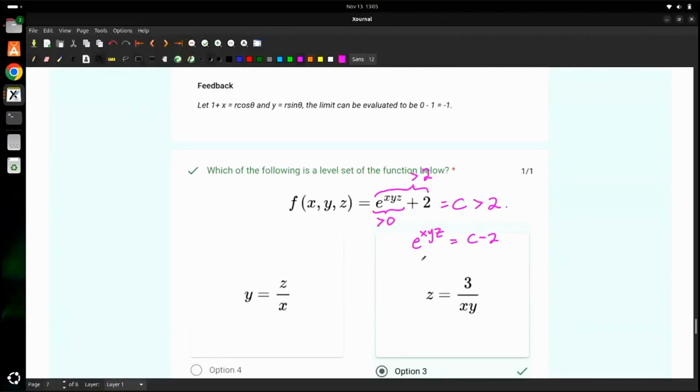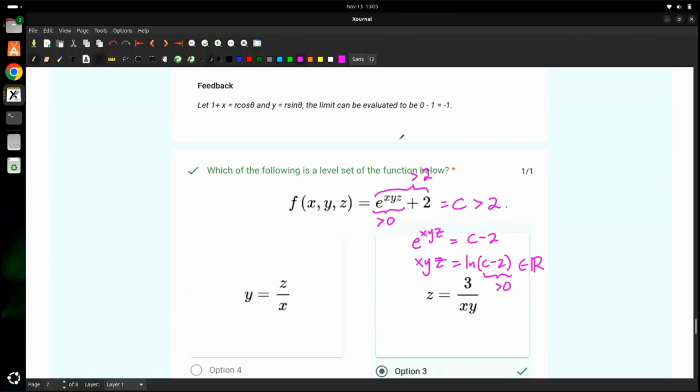If you take ln of both sides, you get xyz equals ln of c minus 2. But for c more than 2, c minus 2 will be more than 0. So ln of something more than 0 will be an element of R, meaning it can give you any number. The argument of ln must be positive, and c minus 2 is indeed always positive.